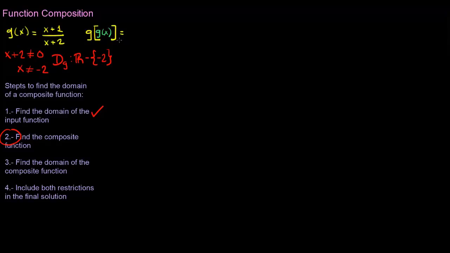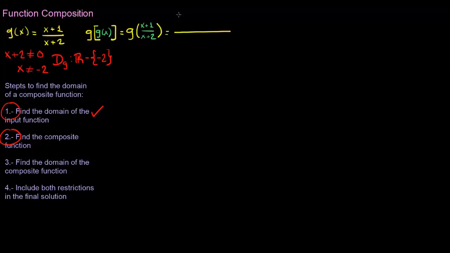Okay, let's get to it here. We go along with this one. So in other words, we're saying that in g, we're going to substitute g itself. We're going to substitute x plus 1 over x plus 2 in every x of g. So I'm going to do it in here.